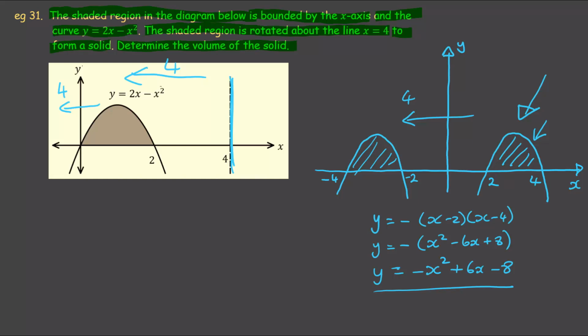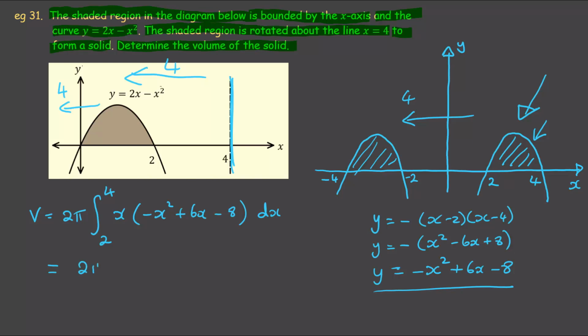So let's go ahead and use the cylindrical disc method. And that gives us that volume is 2 pi times the integral from 2 to 4 of x times negative x squared plus 6x take away 8 dx.